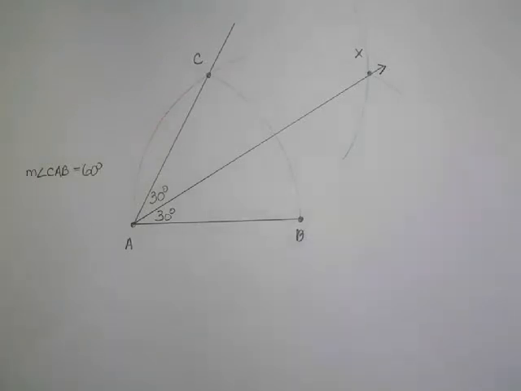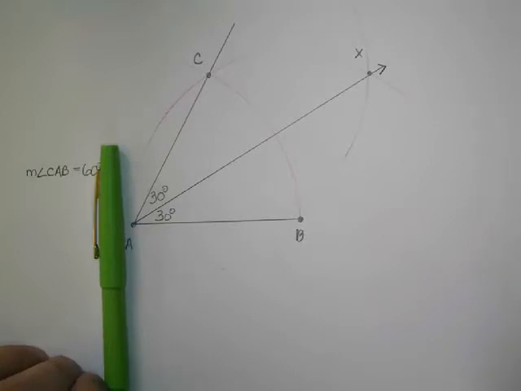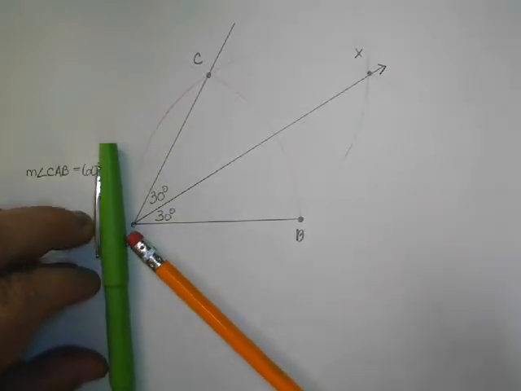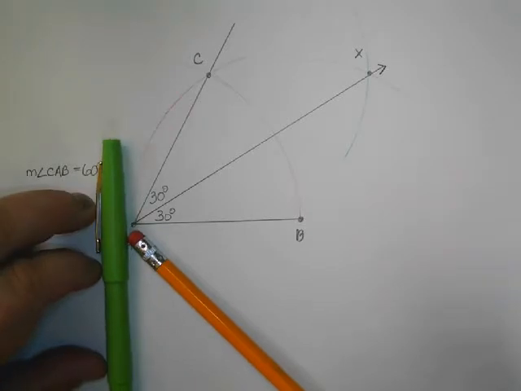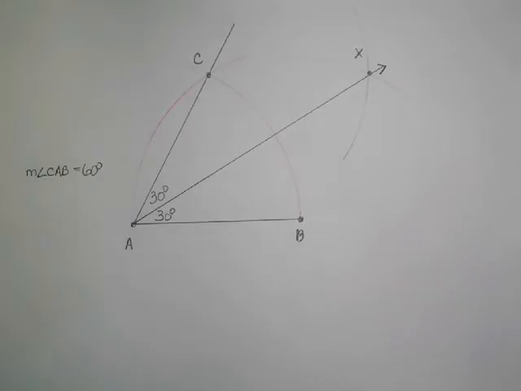What we could do next is create a line perpendicular to segment AB and then bisect that angle to get a 45-degree angle. But what I'd like to do is create an isosceles right triangle instead. And then the base angles of that isosceles triangle will be 45 degrees. So let's do that instead.